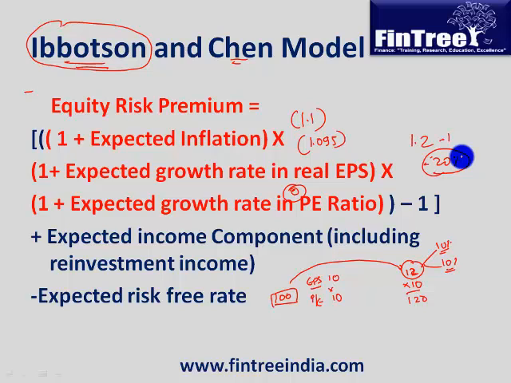And this 20% is not my only income, because I'm earning from capital appreciation as well as from dividend. So another 10% I've earned from dividend. So how much return should I expect to earn? 30%. But RFR is, let's say, 10, so my equity risk premium is 20%. That's the intuition behind the formula. Do you want to do it again?